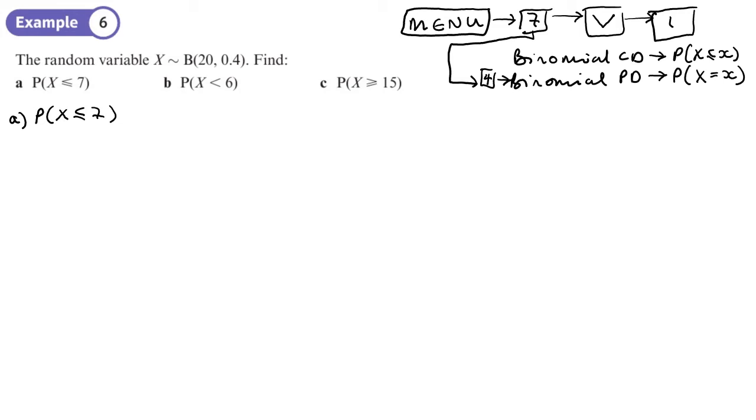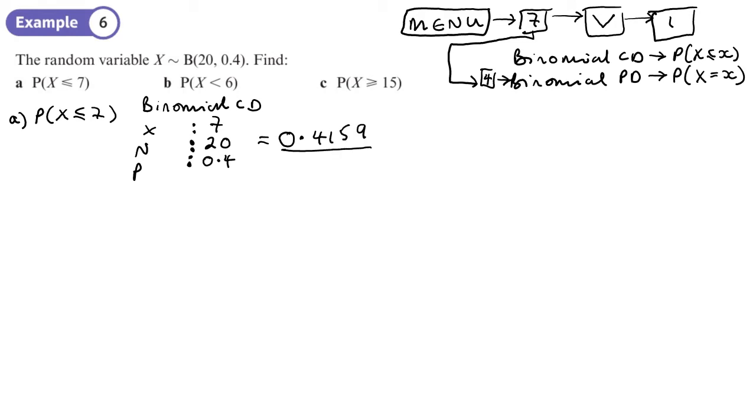On your calculator, it's going to say binomial CD at the top, and then x, then n, and then p. You type in x 7, n 20, p 0.4, and we get an answer. We're going to write these answers to 4 decimal places: 0.4159 for part A.